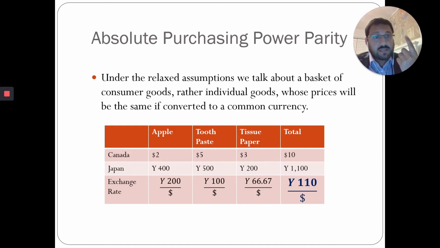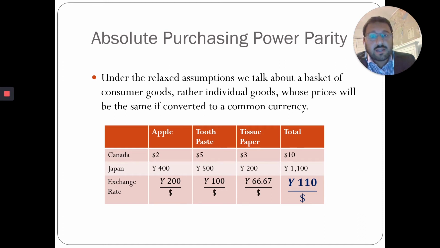So if a person has $1 and he's sitting in Canada, remember these are not US dollars, we are going with the Canadian dollar example, he can buy the same apple, toothpaste and tissue paper in Canada, and if in Japan the person has 110 yen, he will buy the same basket of goods in Japan with 110 yen. That's why the exchange rate is 110 yen per Canadian dollar.